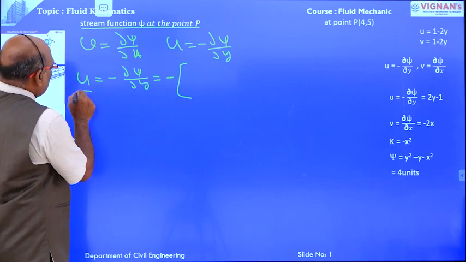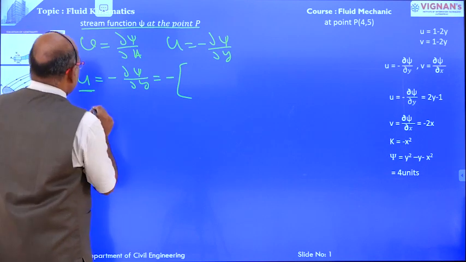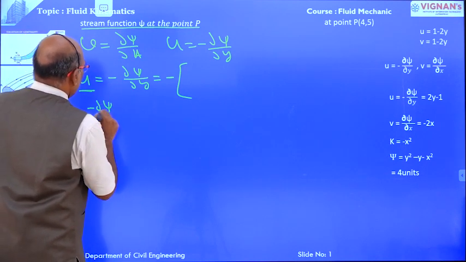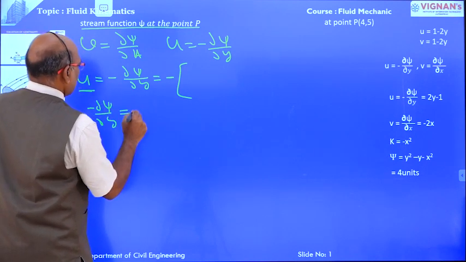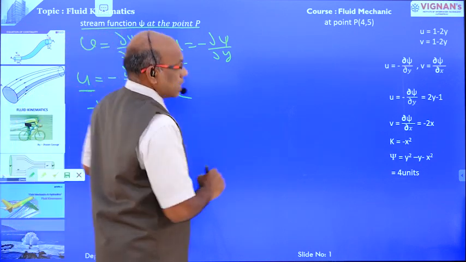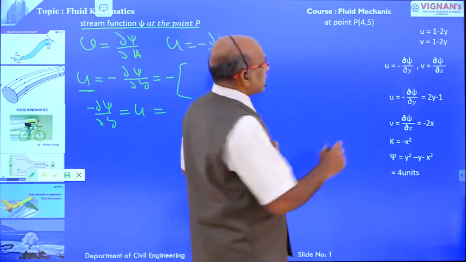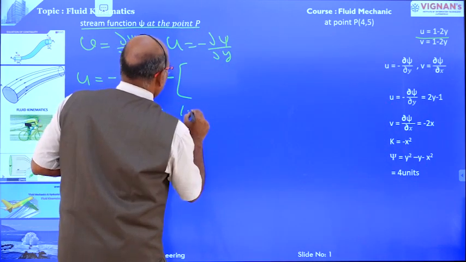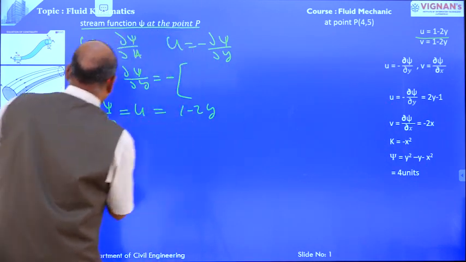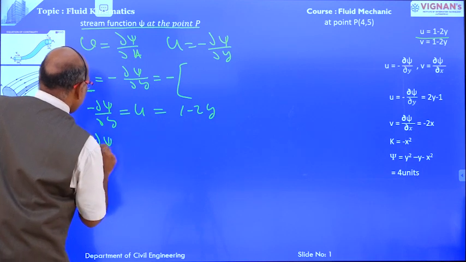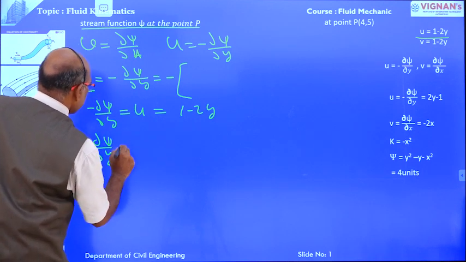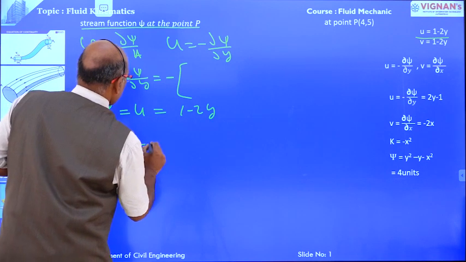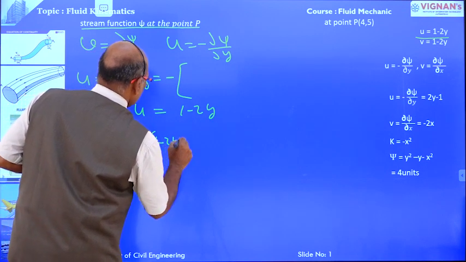We know the u value, already determined in the earlier slide, that is 1 minus 2y.